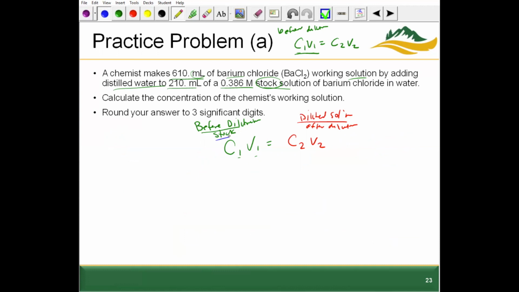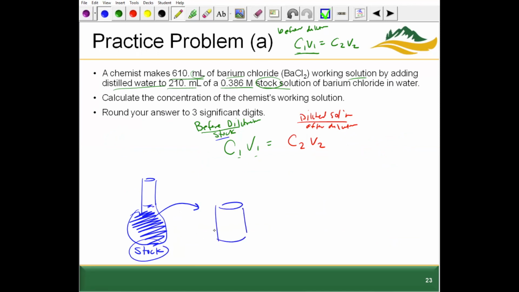So for a stock solution here, if we have some solution we made in the lab and it's some concentrated stock solution, if we're going to dilute that into another volume vessel, then we're taking some stock solution and diluting it. Okay, so a stock solution is some given concentration, and we're going to call this before dilution.